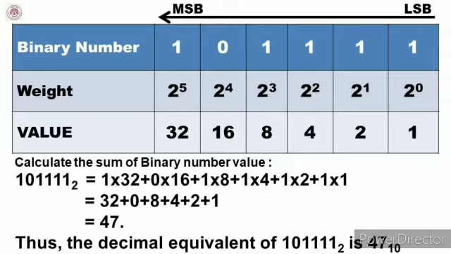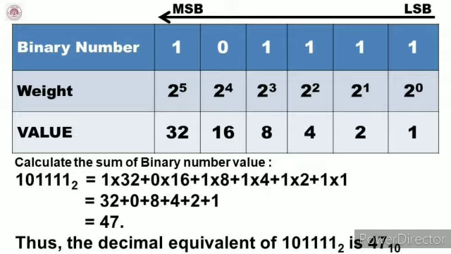After adding all these totals, like 32 plus 0, why is the second number 0? Because the binary number has got 0 there. You multiply anything by 0, you get the answer 0. So 32 plus 0 plus 8 plus 4 plus 2 plus 1 gives you an answer of 47. Now thus we have converted this binary number to its decimal equivalent.